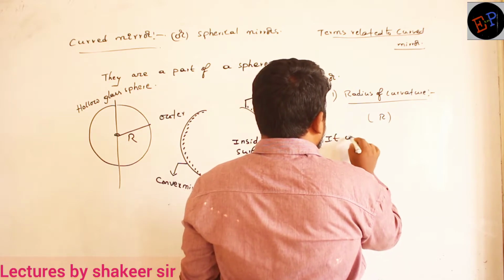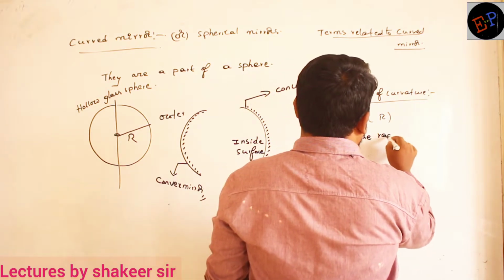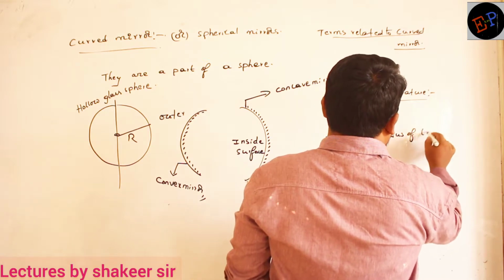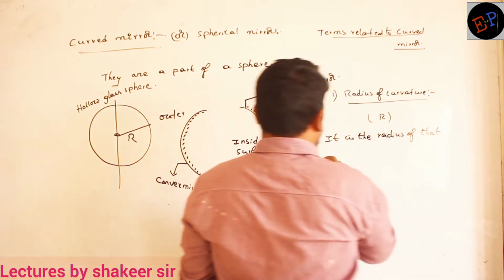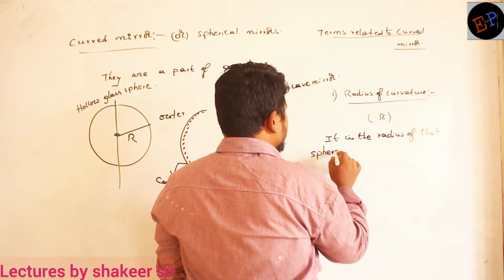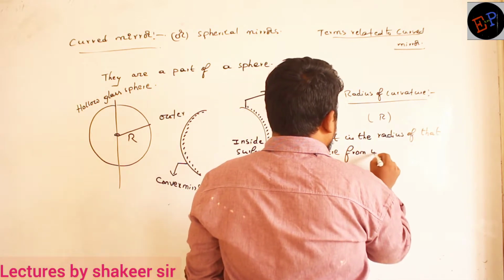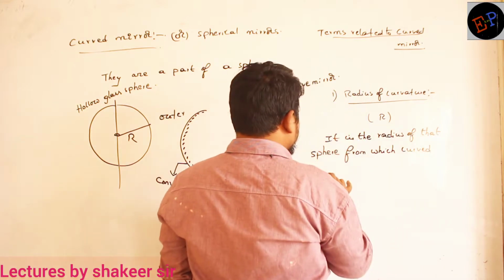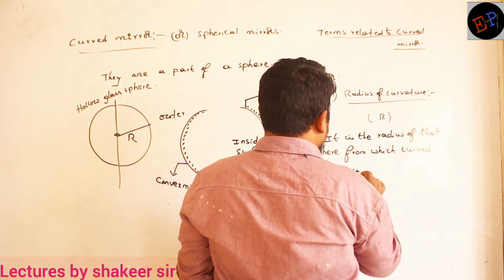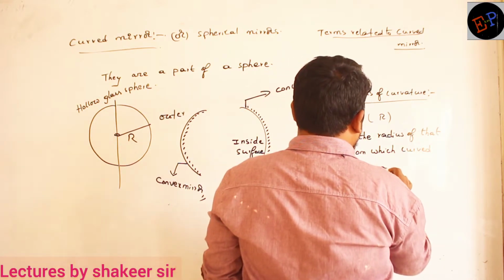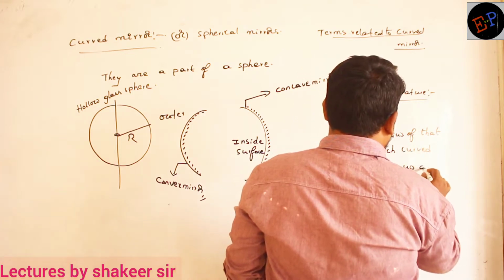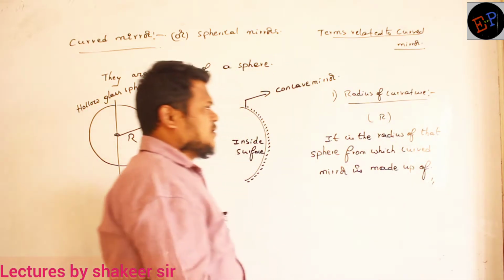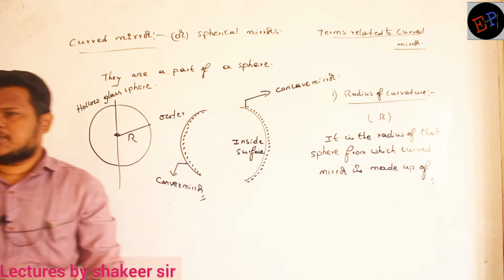It is the radius of that sphere from which the curved mirror is made up of. That radius is nothing but radius of curvature.